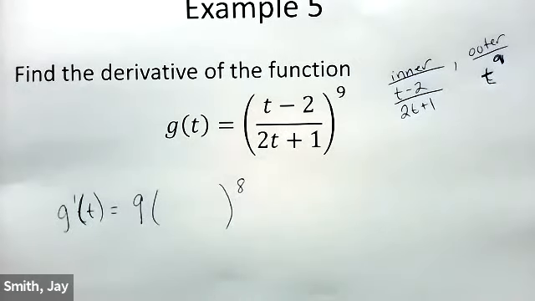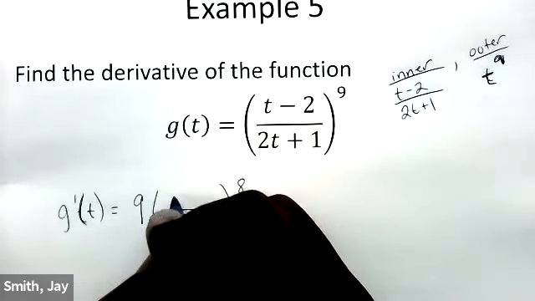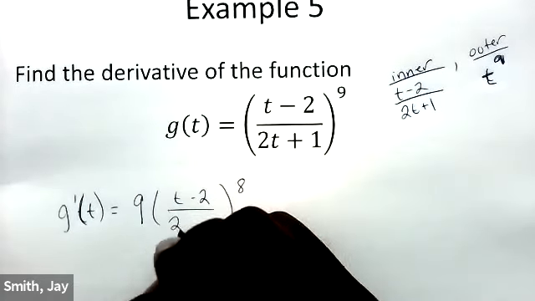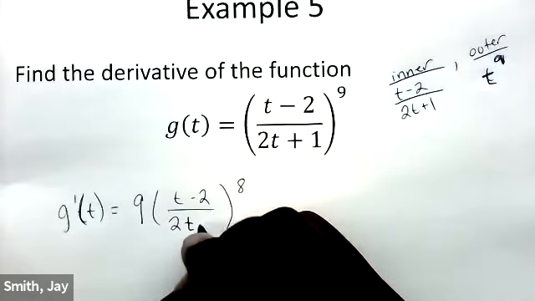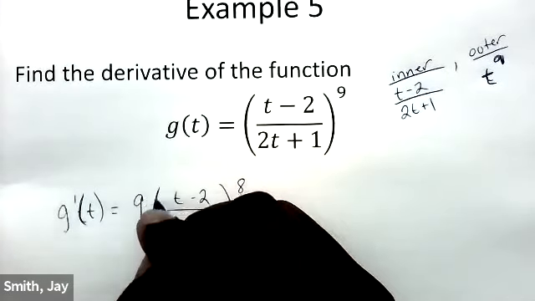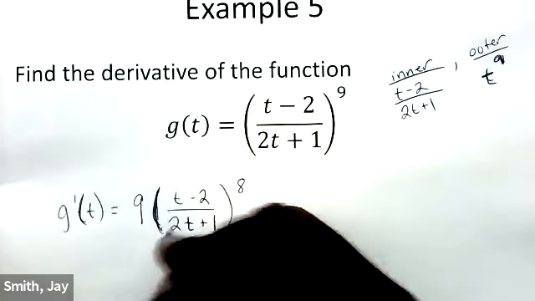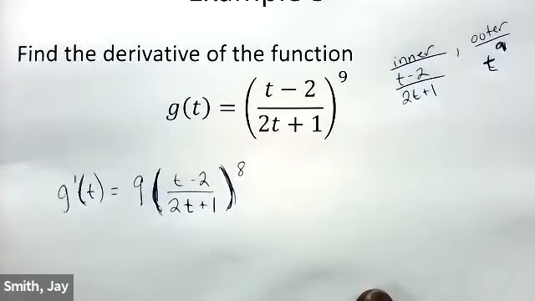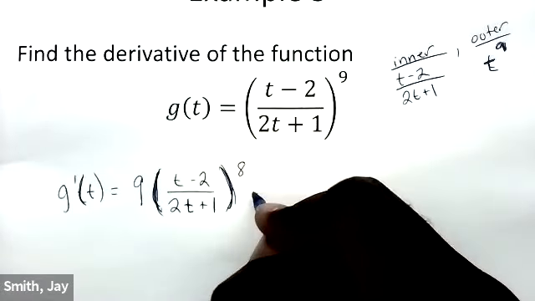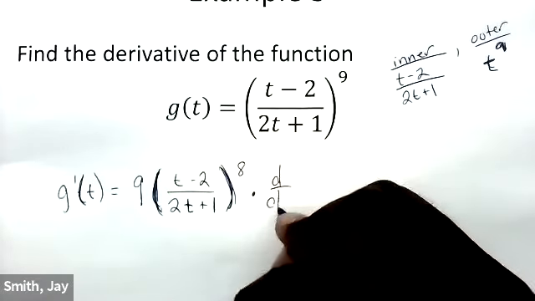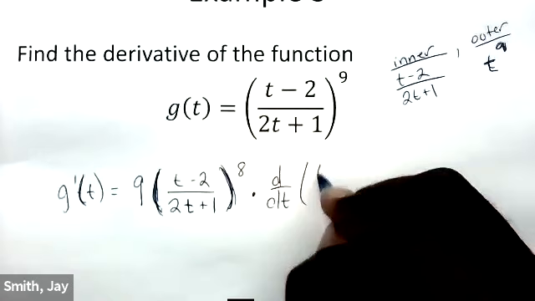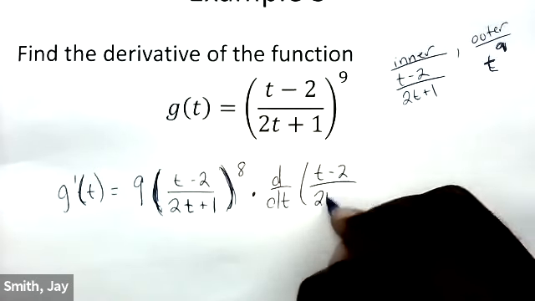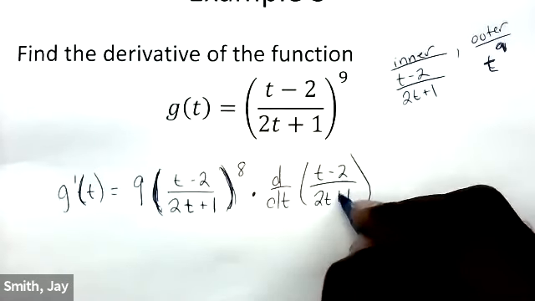That's the derivative of the outer function. At the inner function means that t minus 2 over 2t plus 1, or what was inside my parentheses, goes inside my parentheses again. All right, so that's the derivative of the outer function at the inner function. Still have to multiply by the derivative, or ddt this time, of the inner function, t minus 2 over 2t plus 1.